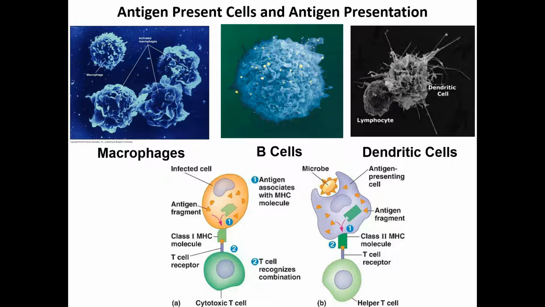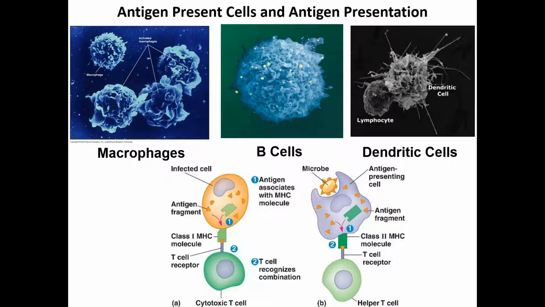Alright, so here we have our antigen presenting cells. Our macrophages, our B cells and our dendritic cells. Our macrophages are going to be phagocytic and also present antigens.